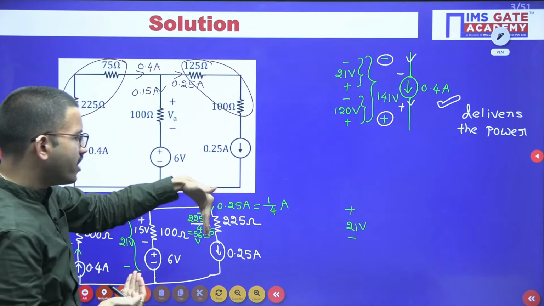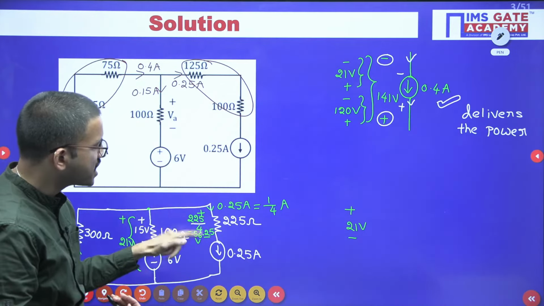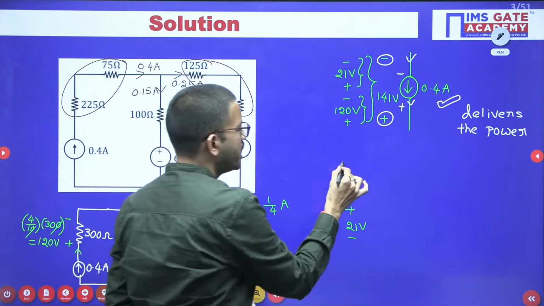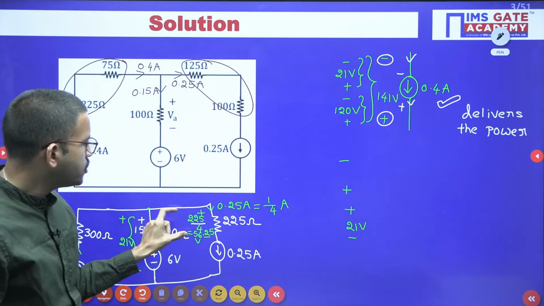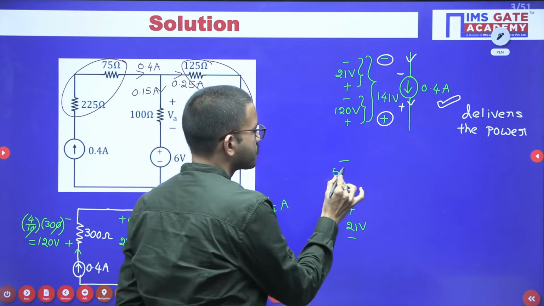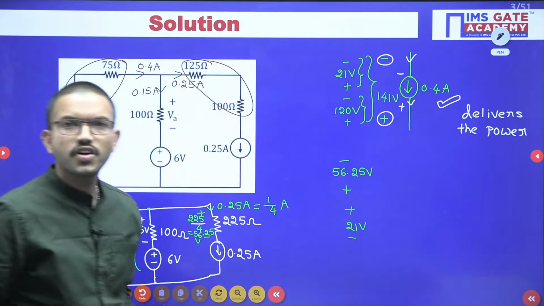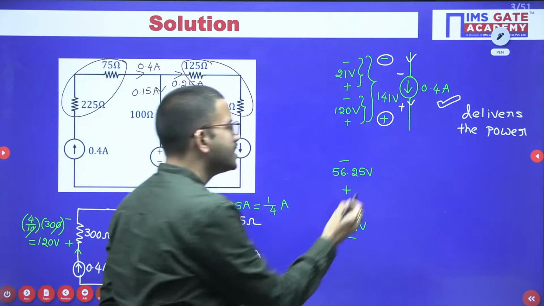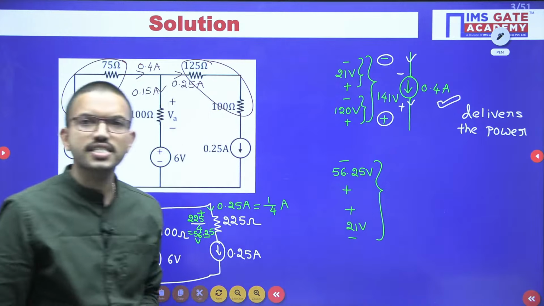When I am placing this resistor vertically, then obviously the polarities will become, here you will get minus, here you will get plus. Okay, now here you got 56.25 volts.